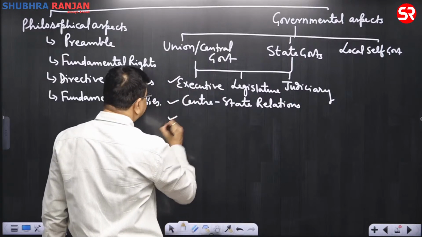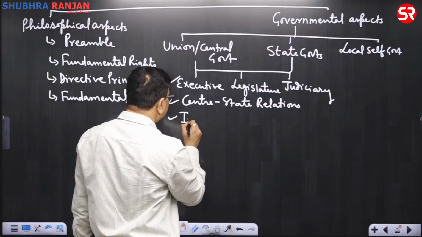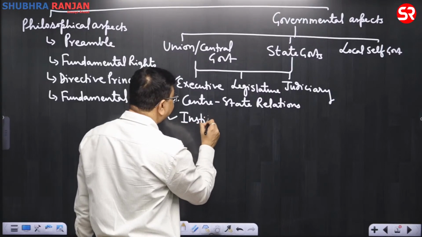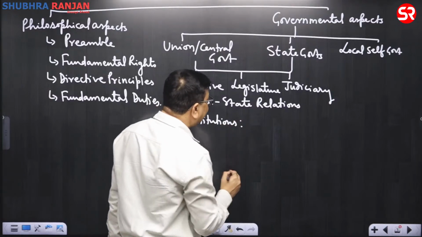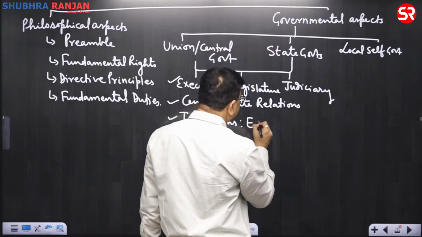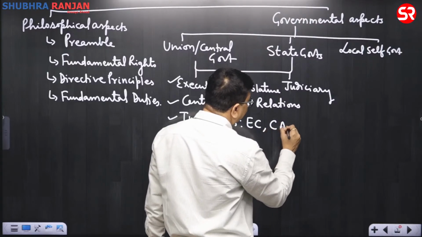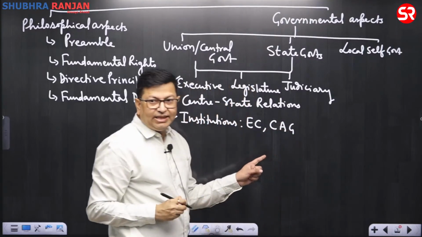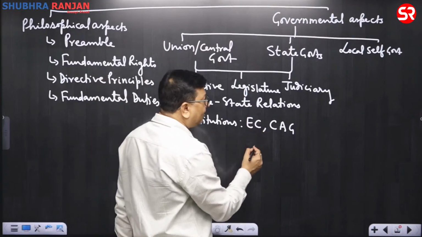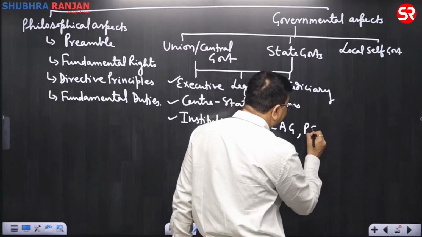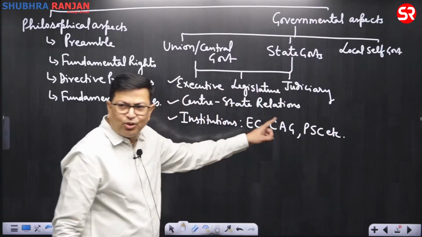Then some institutions like the Election Commission, the CAG, Comptroller and Auditor General of India, then Public Service Commission, etc. Because they are needed to run the government.